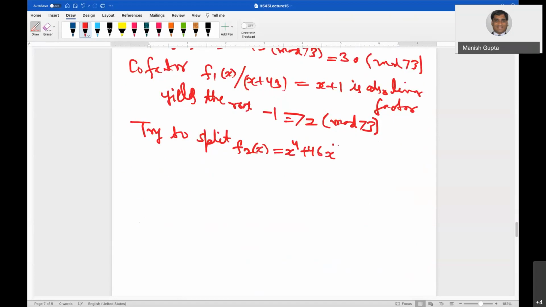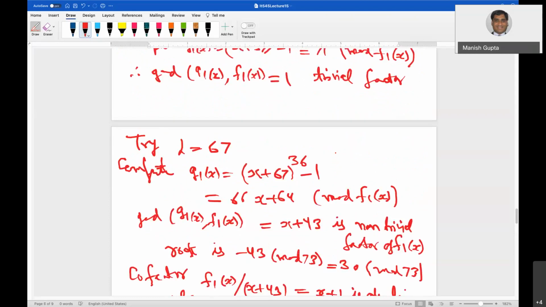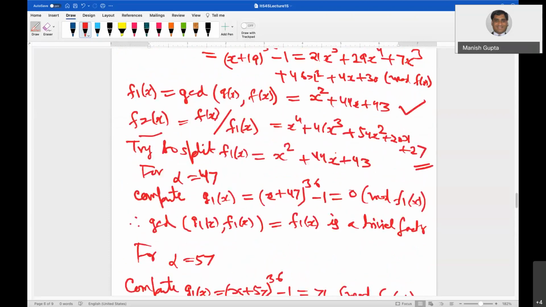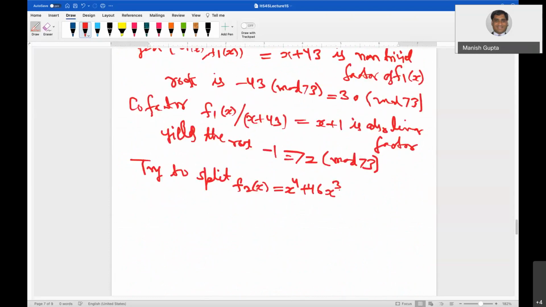Actually, it is 46, right? I think I have written it wrong. Yes, this is 46. I forgot to write it. It's 46x cube plus 54x square plus 20x plus 27.